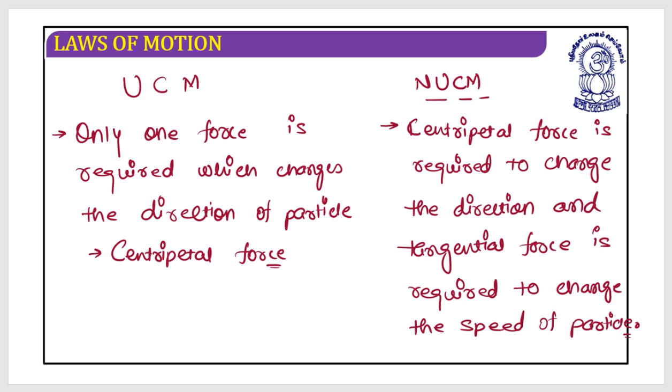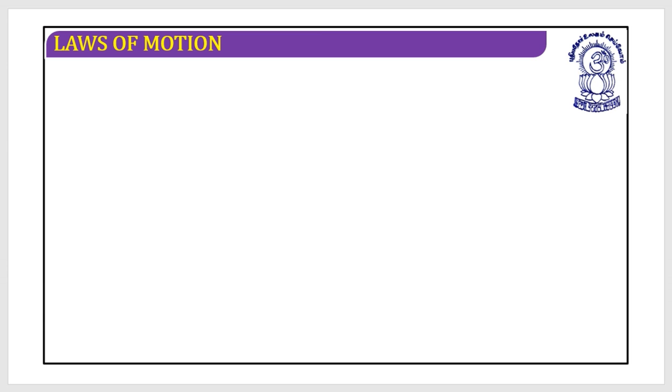We are going to see this in detail, how the direction can be changed and how the magnitude, that means the speed, can be changed. But just remember these things. This is the basic difference between uniform circular motion and non-uniform circular motion. I hope this is clear. Is it clear?